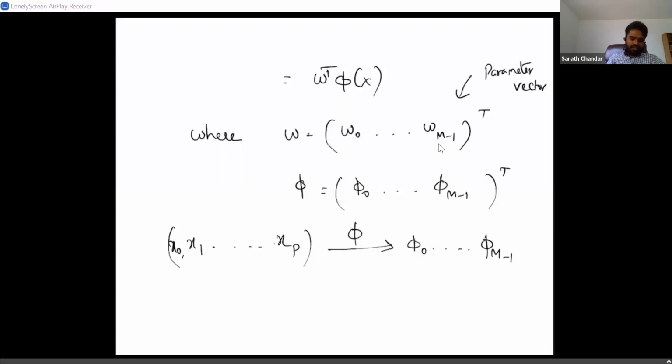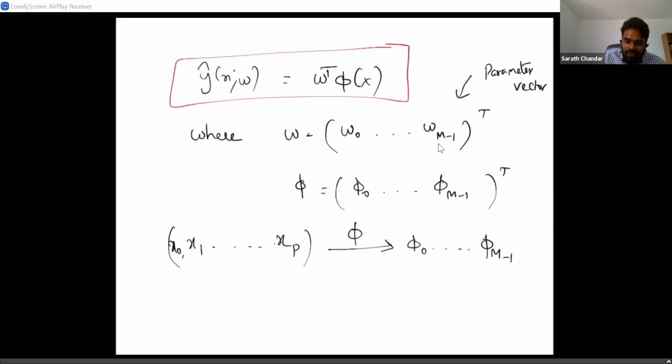Now this function is a nonlinear function of x. So let's put this as y hat of x given w. If you look at this function, it is nonlinear with respect to x because of the phi.